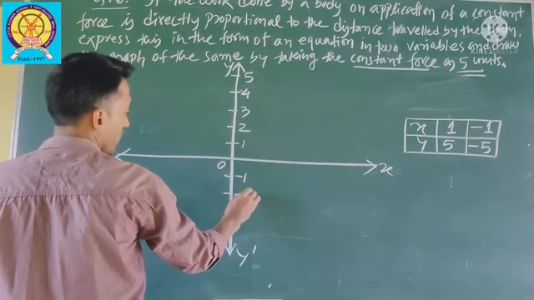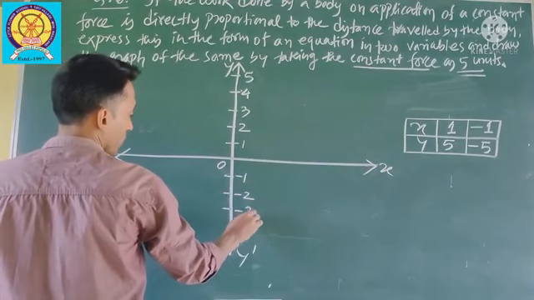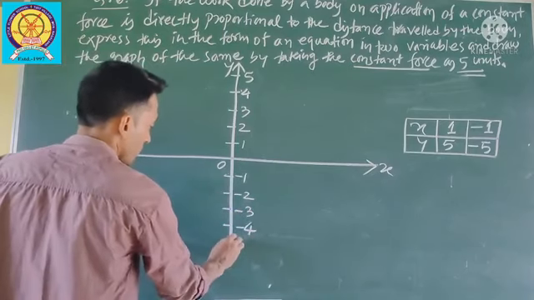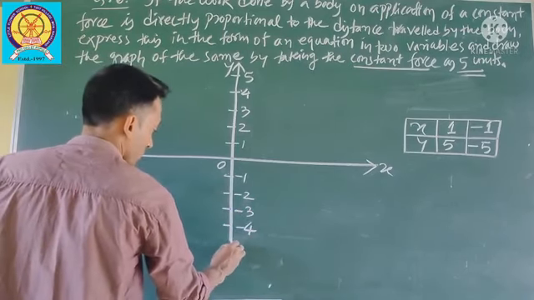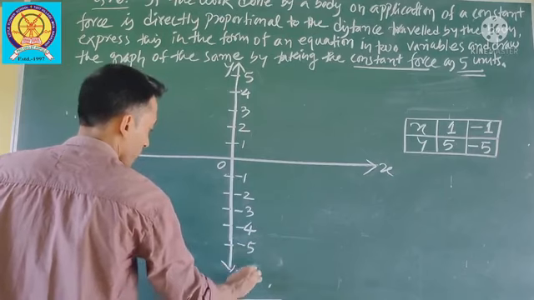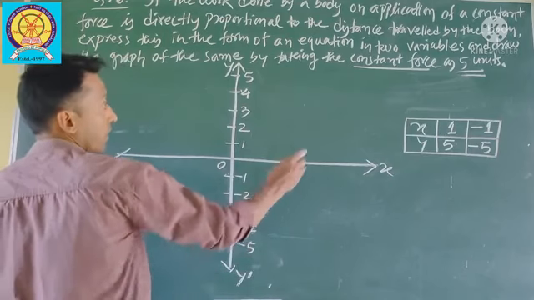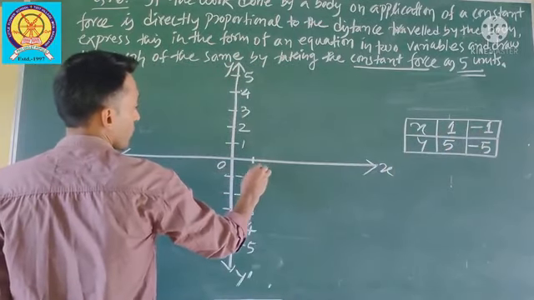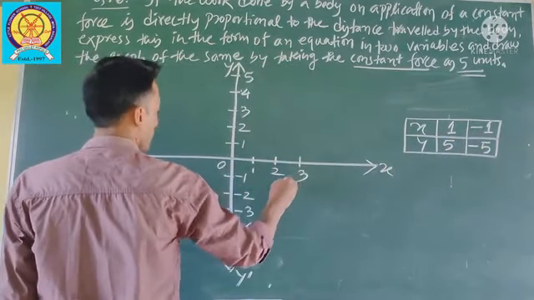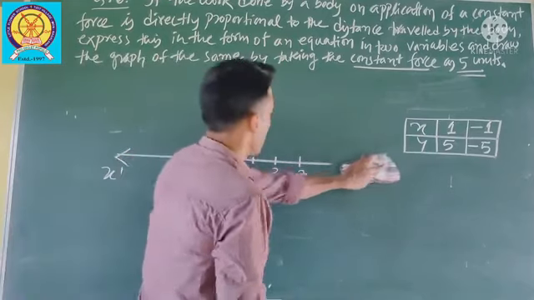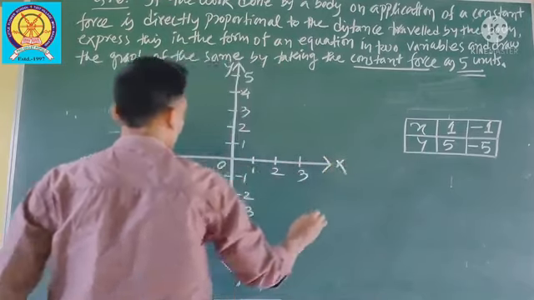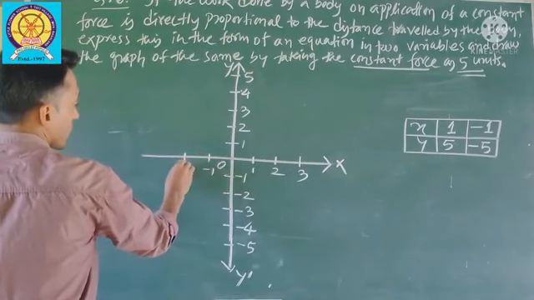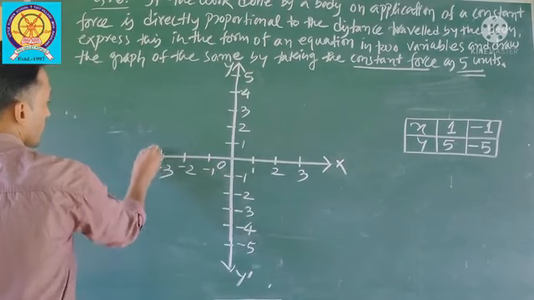For x, the values are 1 and minus 1 only, so no need for this much. Minus 1, minus 2, minus 3.